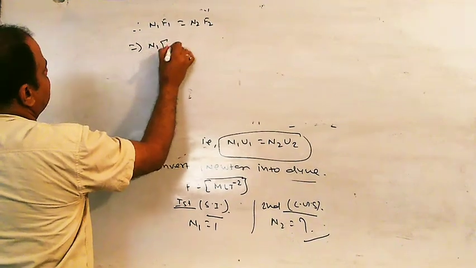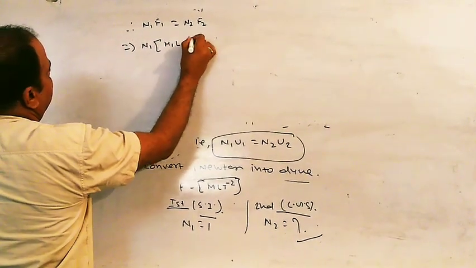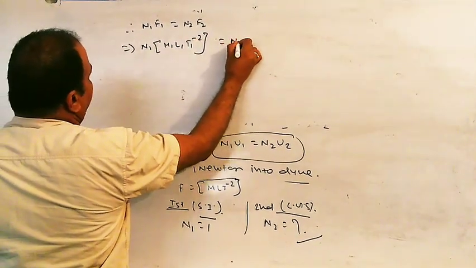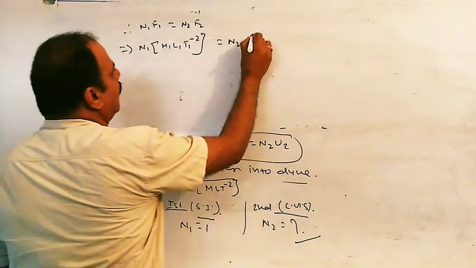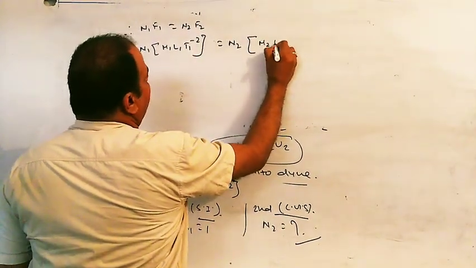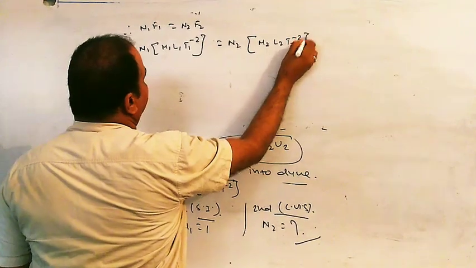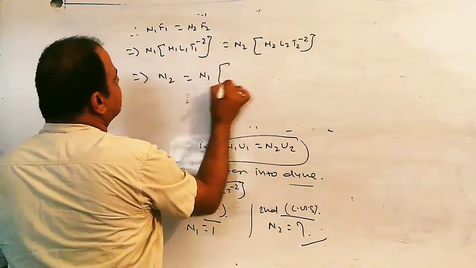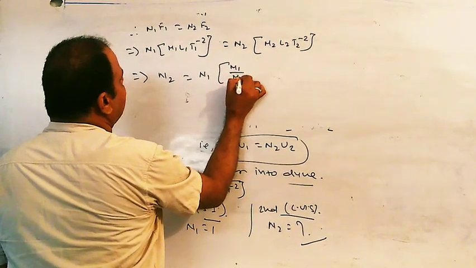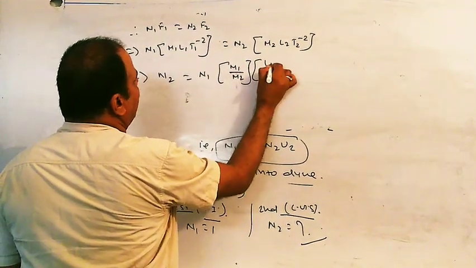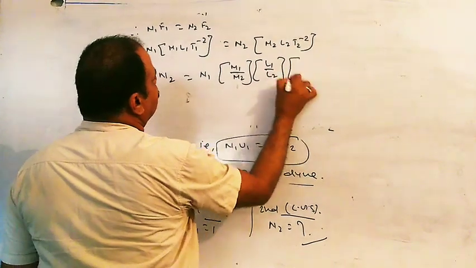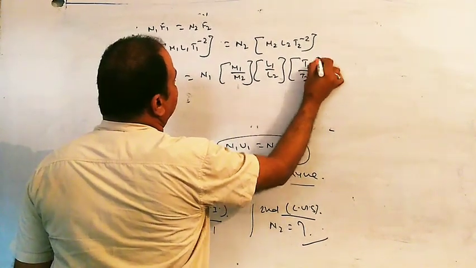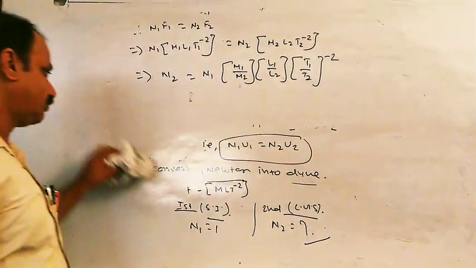That is N1 times M1 L1 T1 minus 2 should be equal to N2 times M2 L2 T2 minus 2. N2 can be written as N1 times M1 by M2, L1 by L2, T1 by T2 to the power minus 2.